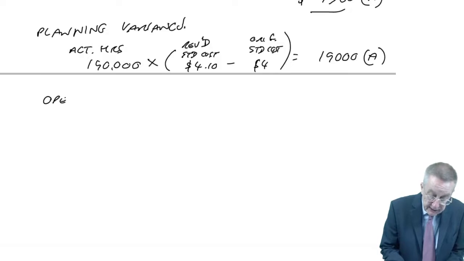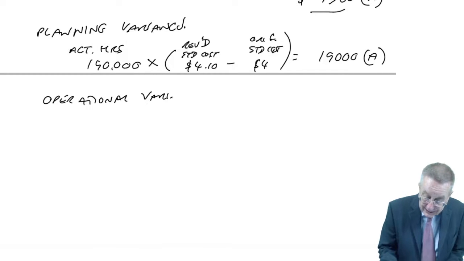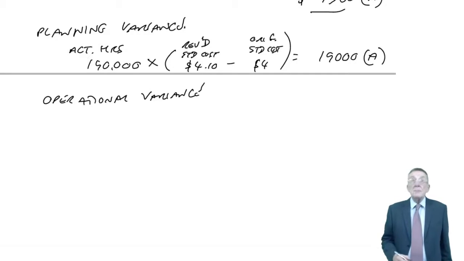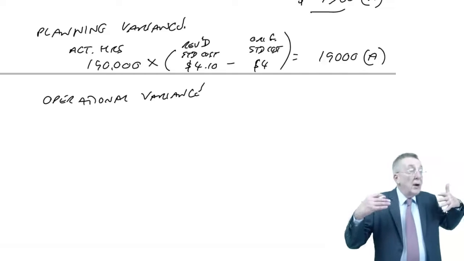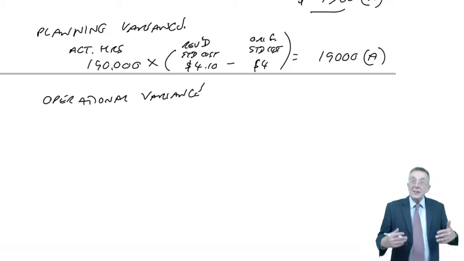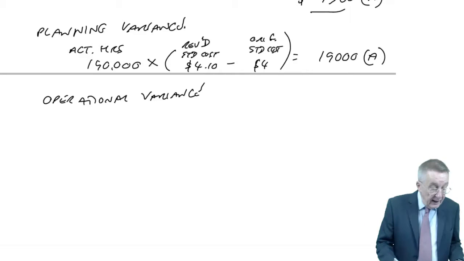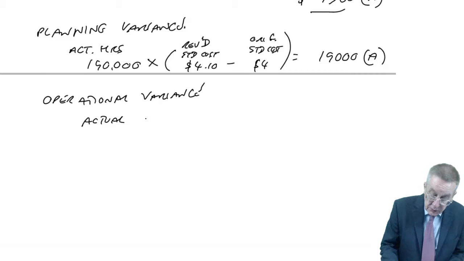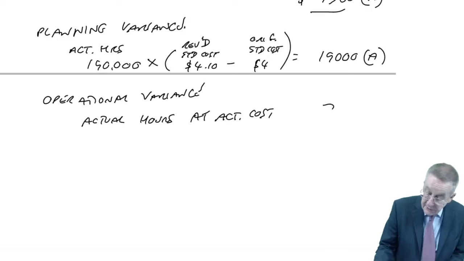The operational variance. And for operational, we'll compare what actually happened with the revised standard cost. Well, here we don't know the actual rate per hour, so we'll take the actual hours at actual cost. $769,500.